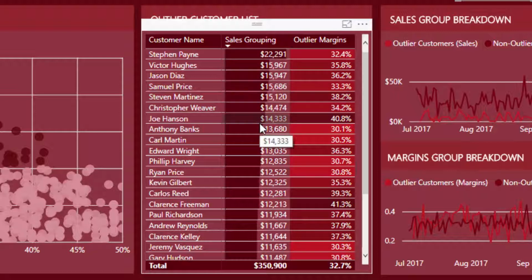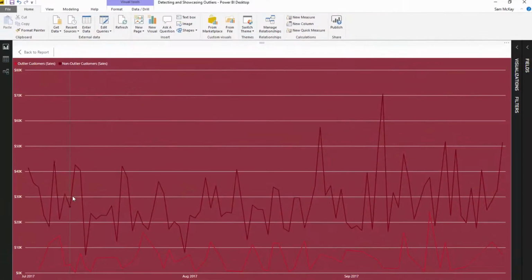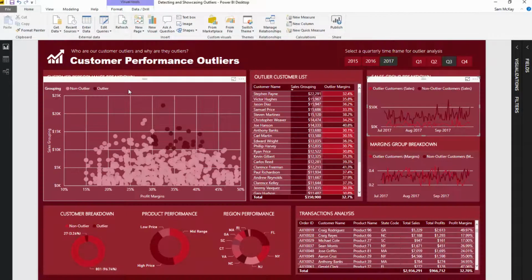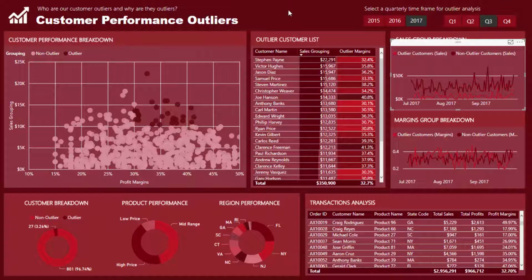We've got the underlying numbers in terms of their margins and the sales we're receiving from them. And we're also trying to see through time how our outlier customers versus our non-outlier customers perform. So is there any trend, and is there any way that we might be able to predict when an outlier might occur based on some information that is happening over time?